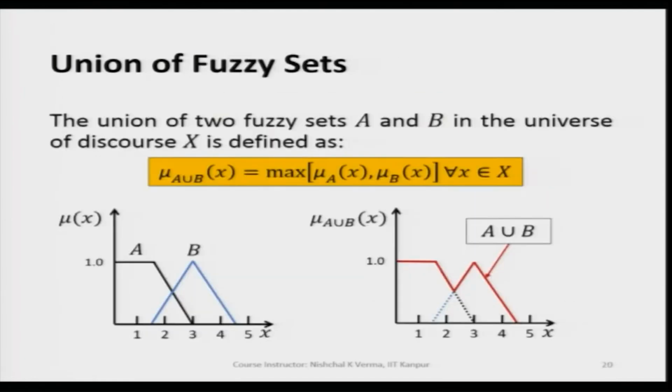This way we get the union of classical sets A and B. Let us now understand the union of fuzzy sets, which is a little bit different from the union of classical sets.